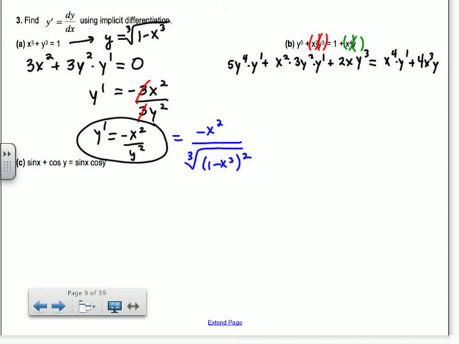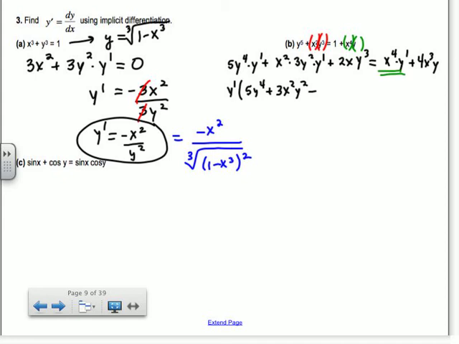Okay, you got that far? Okay, get everything with y prime on the left. So I'm going to have, we're going to pull out as we go. So y prime, I'm going to have 5y to the 4th plus 3x squared y squared minus x to the 4th.